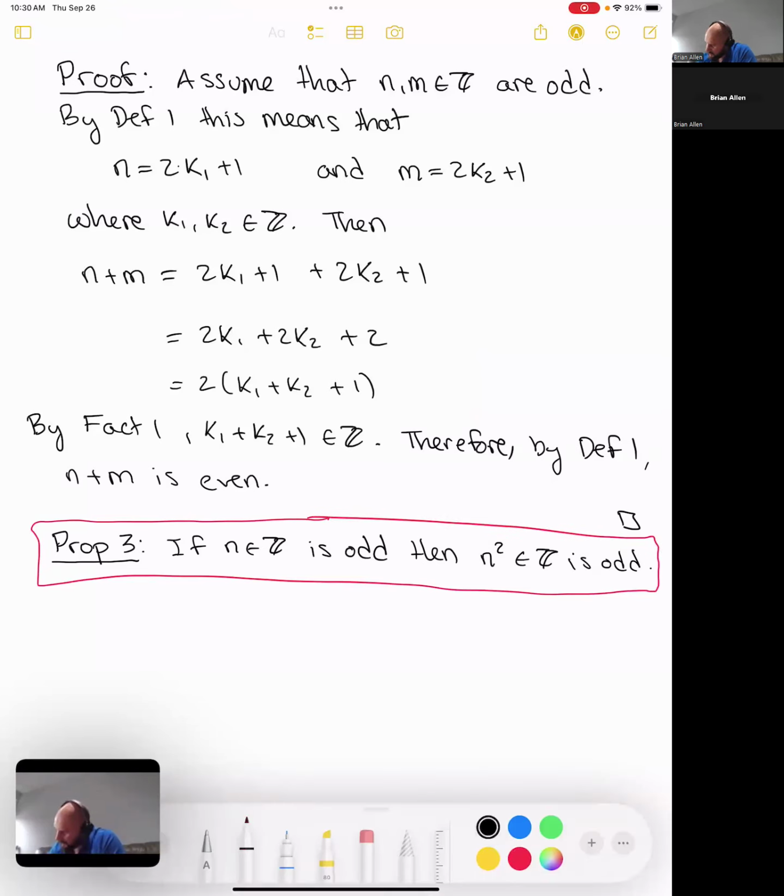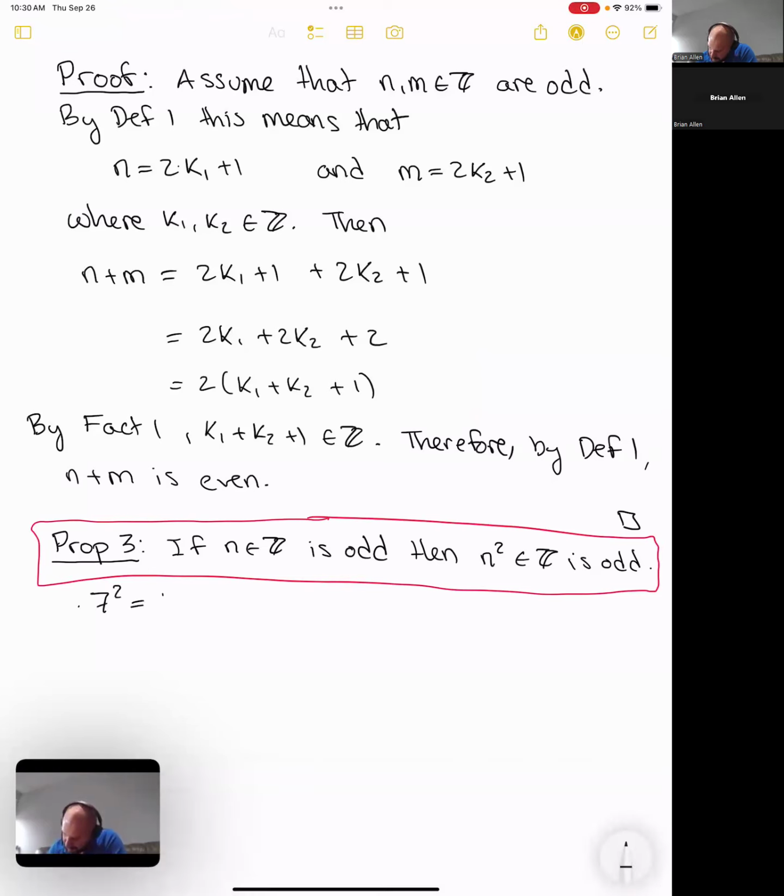Well, again, let's play a little bit. So if you take 7 squared, you get 49, which is odd. And if you take 11 squared, which is an odd number squared, you get 121, which is also odd.